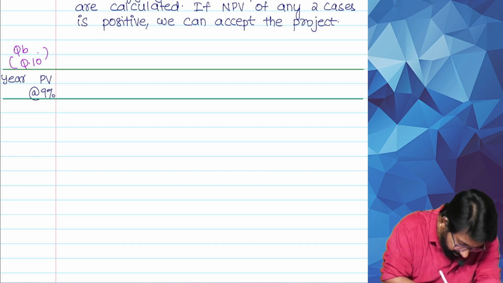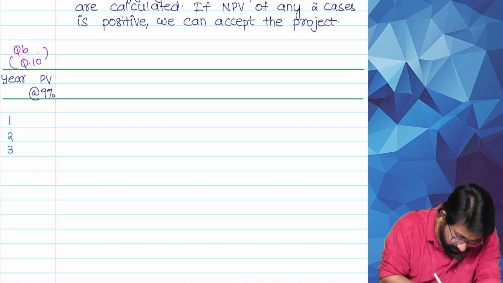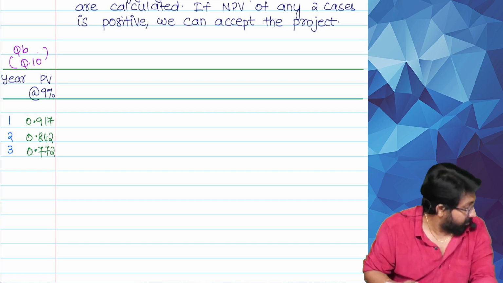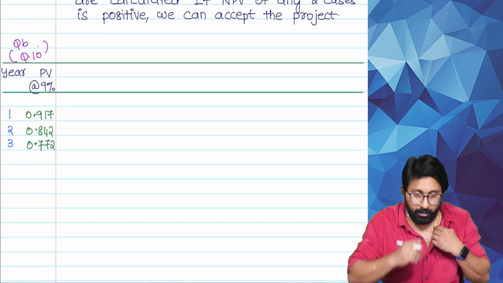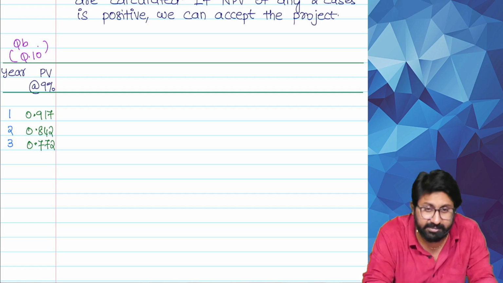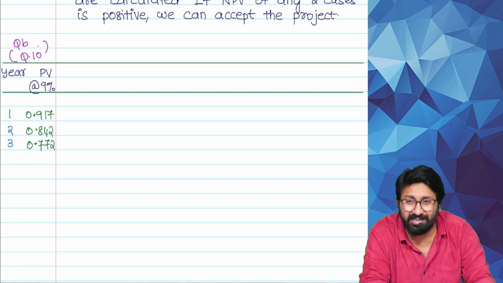How many years are we taking? Tell me the PV, 9% PV calculation. Next, seven. These are the PV factors. This is the same for all the three scenarios.